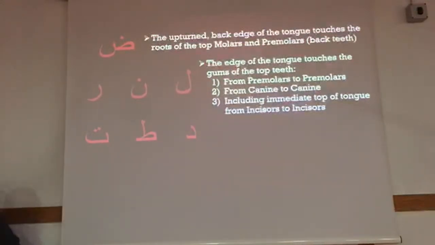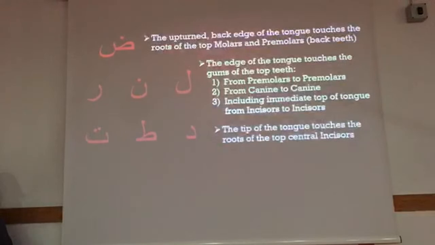So in these three letters, dal, ta and ta, what's the makhraj for these? It's when the tip of the tongue touches the roots of the top central incisors. It's very simple, you just feel it. The tip of the tongue is touching the back of the root.